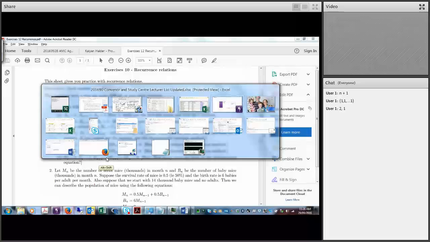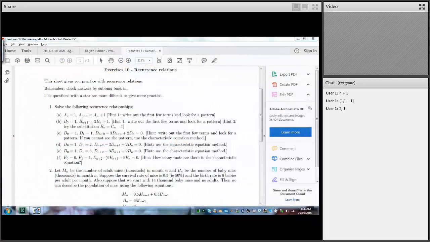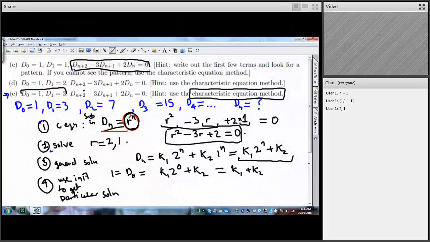So once you've got that, just use initial conditions to find what these K values are. And so we know that D0 is 1. So if you plug n equals 0 into this format, we're getting K1 times 2 to the 0, plus K2.